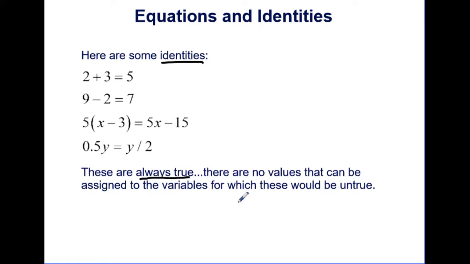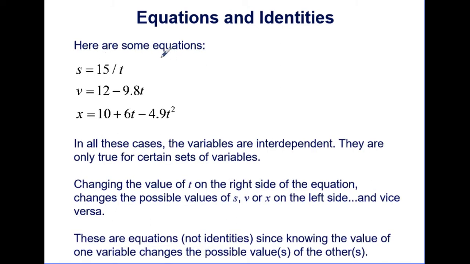There are no values that can be assigned to the variables for which these would be untrue. Here are some now equations. We have s equals 15 over t, v equals 12 minus 9.8t, x equals 10 plus 6t minus 4.9t squared.